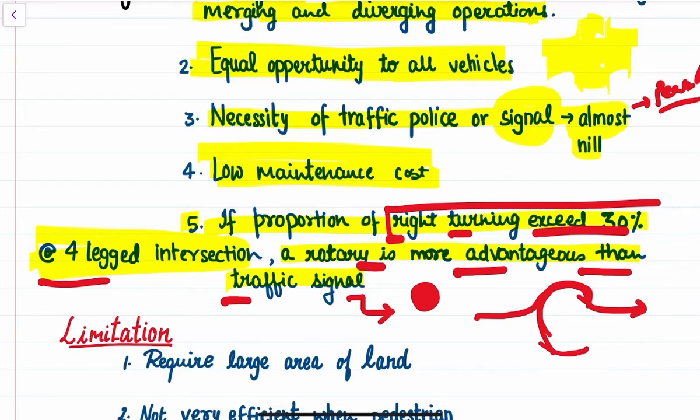So where the right turning traffic exceeds 30%, we have to look into the possibility of construction of a rotary before we go for the installation of traffic signals.